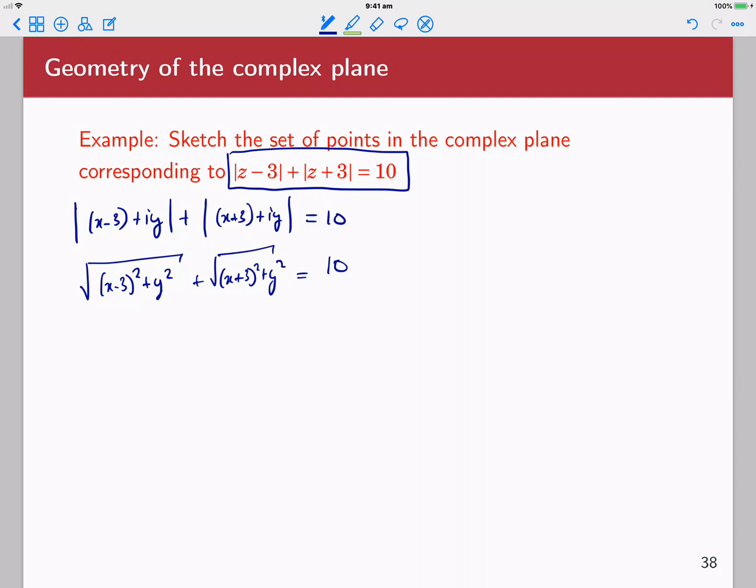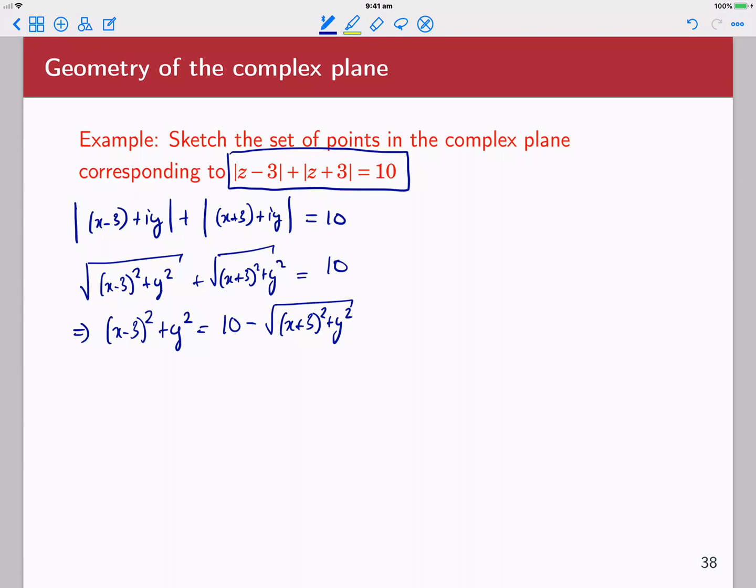So now taking one of the square roots to the other side, I get that the square root of x minus 3 squared plus y squared equals 10 minus the square root of x plus 3 squared plus y squared. And now I square both sides.